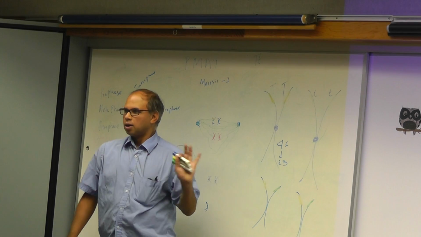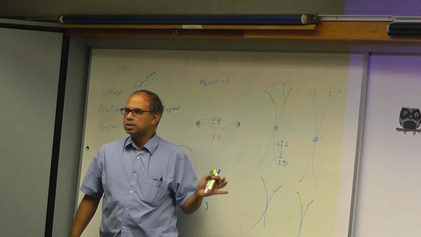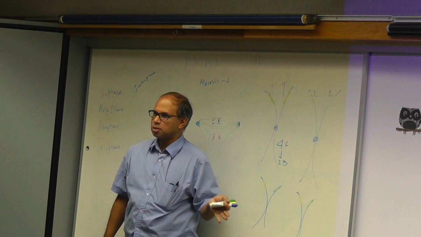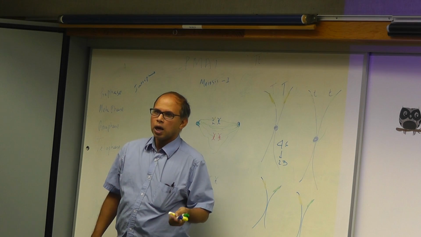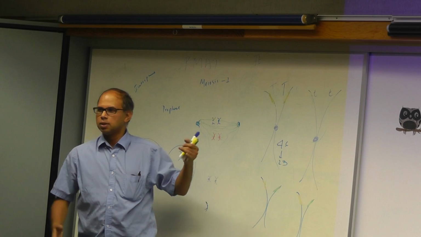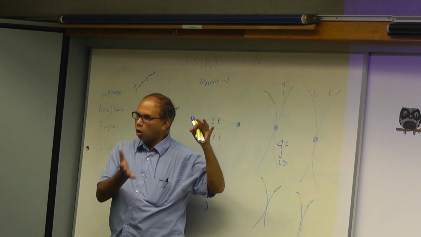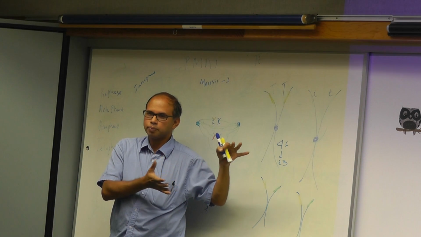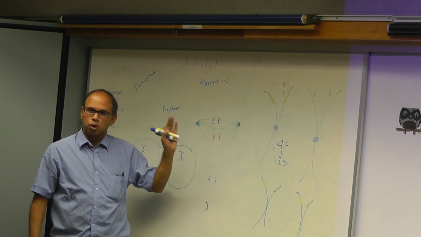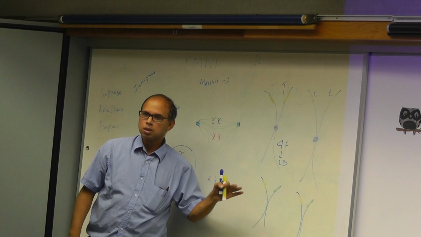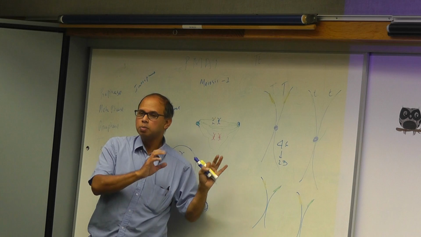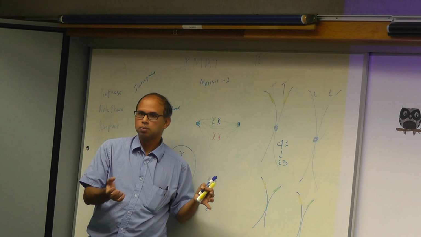Now another thing that you will see is called karyotypes. A karyotype is a picture of all the chromosomes that are there. Sometimes in the process of meiosis, both mitosis and meiosis, errors can happen.